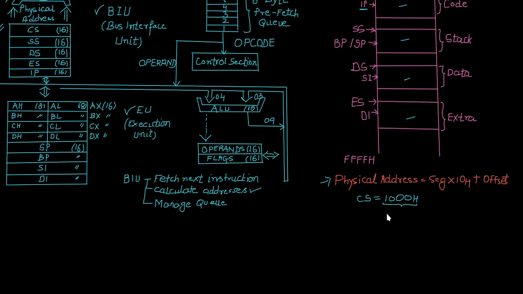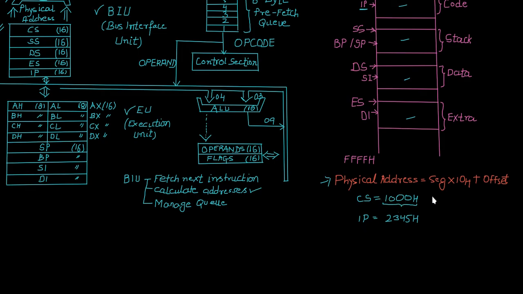So you can see that this is the segment register or the segment address. Now let's suppose the instruction pointer is pointing to the address, let's say 2345H. So now we have the offset address and we have the segment address.